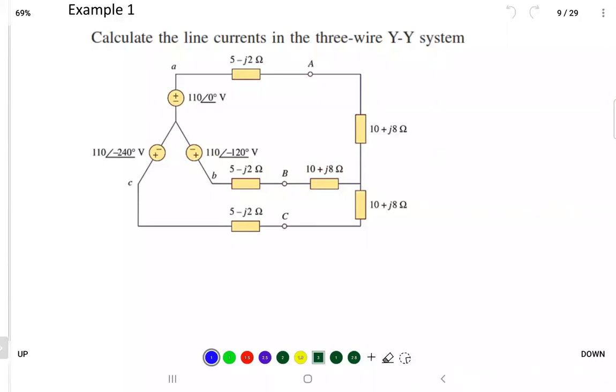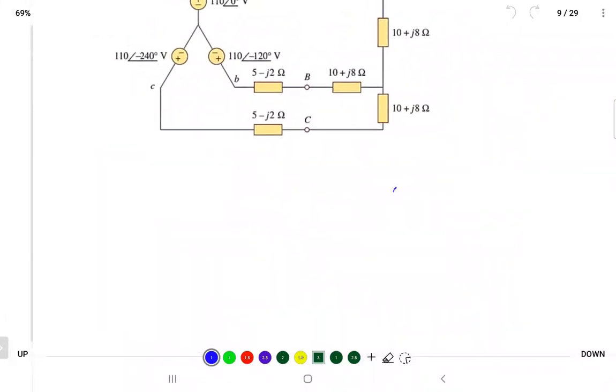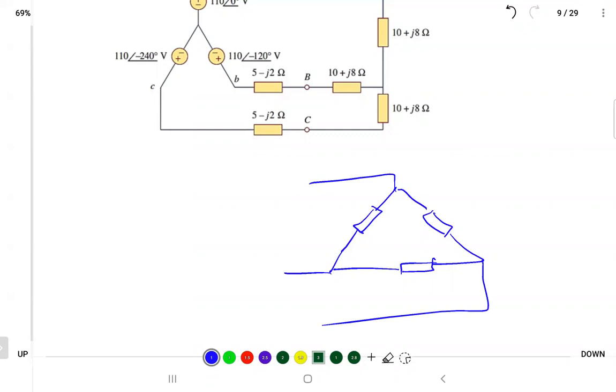If you have a delta load like that and balanced, and we are dealing only with balanced loads in this section, all you are supposed to do is find the equivalent Y. For example, if you have this 30 ohm, and you want to find the equivalent, Y would be like that.